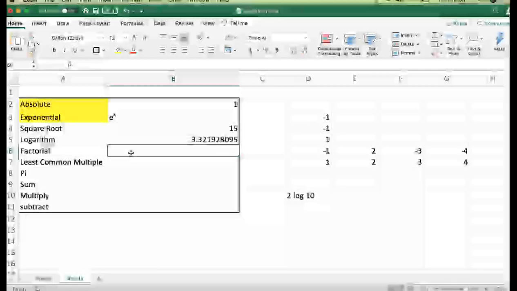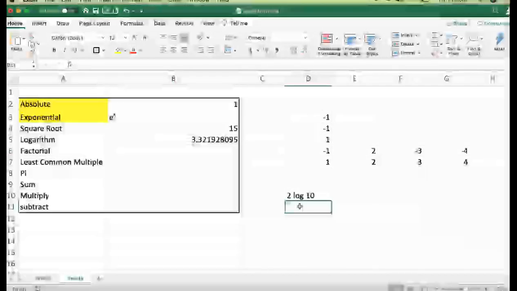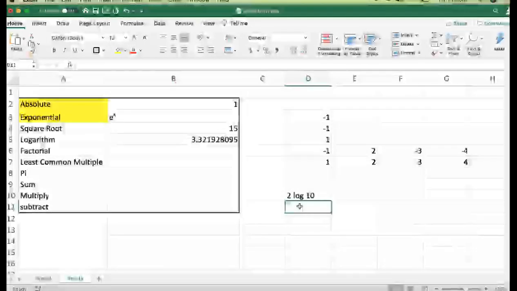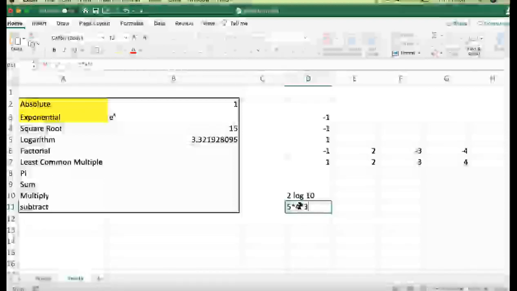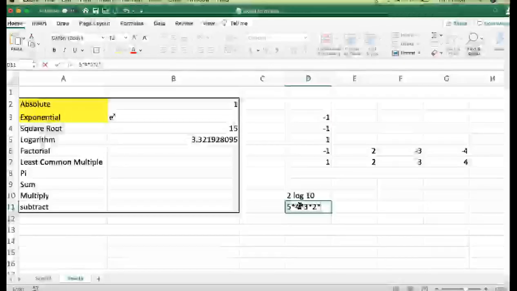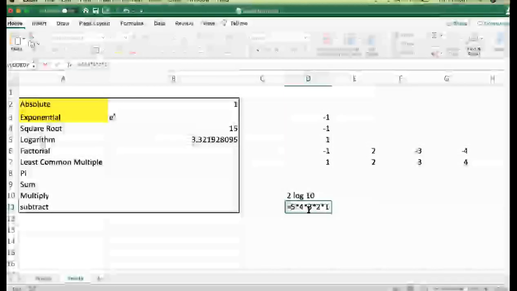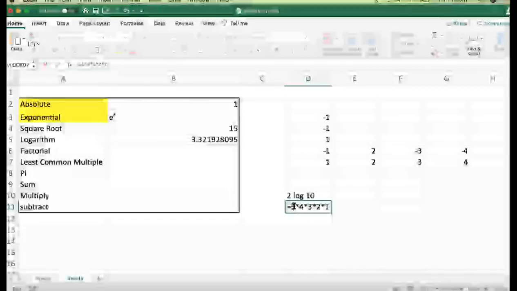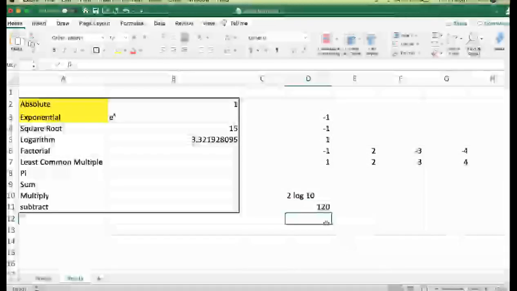Okay. And if you want factorial, if you remember, we find out the factorial of 5 in maths simply by 5, 4, 3, 2, 1, and the most important, equal. So if you want to find out the factorial of 5, that will be 5, 4, 3, 2, 1 multiplication, that will be 120.